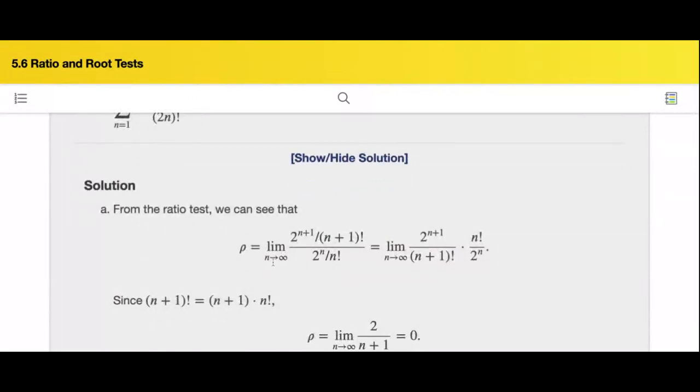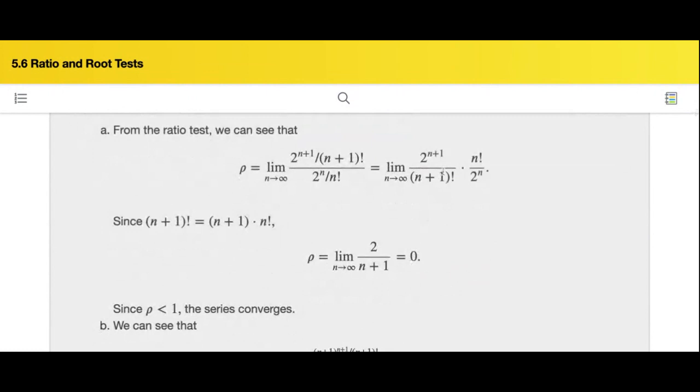So rho equals the limit as n approaches infinity of 2 raised by n plus 1 divided by n plus 1 factorial, over the nth term, which is 2 raised by n divided by n factorial. That's just multiplied by n factorial divided by 2 raised by n. So 2 raised by n plus 1 simplifies with 2 raised by n, we just get 2, right? And n factorial over n plus 1 factorial just gives 1 over n plus 1.